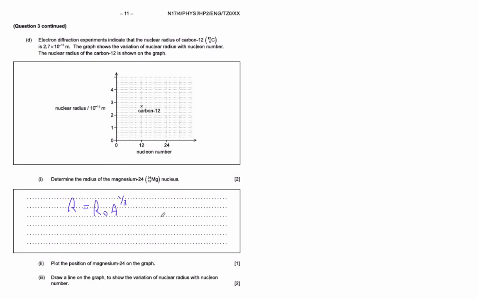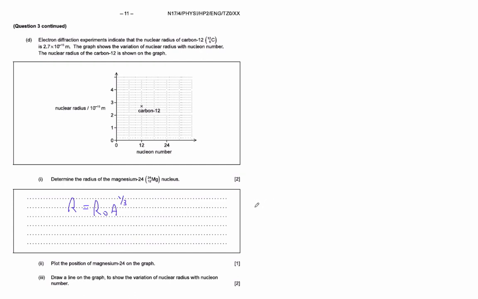Correctly plotted. Let's see. Oh, okay. Allow the use of the Fermi radius from the data booklet. And I got something that was within the range. Here's what they say you're supposed to do.